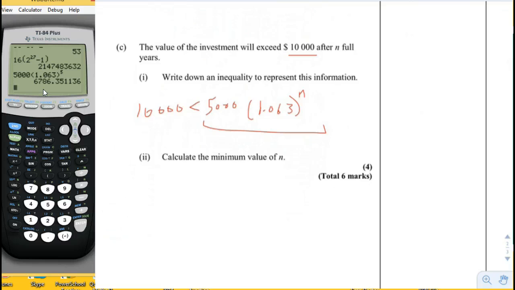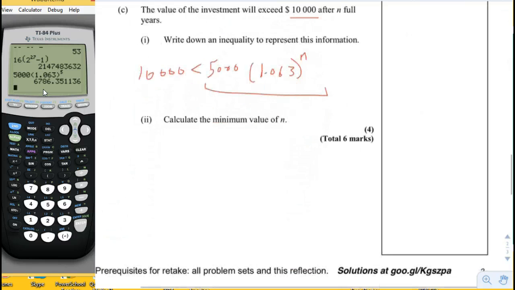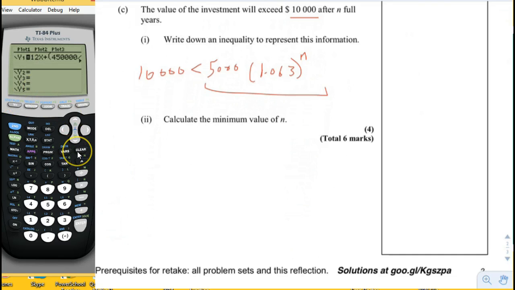Now what we can do is we will use either graphing or logs to solve this, or maybe use the calculator. Let's see. Let me do it with the calculator first so that you can see how to do that. So we'll do y equals, and we'll put the equation in here.